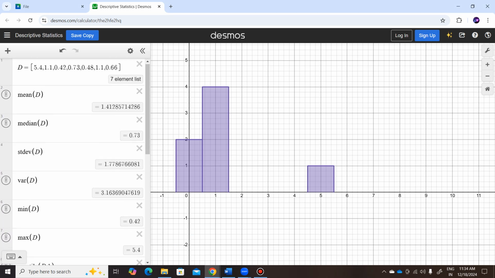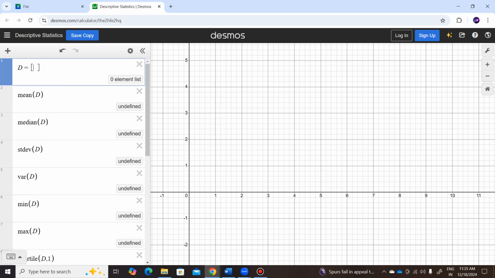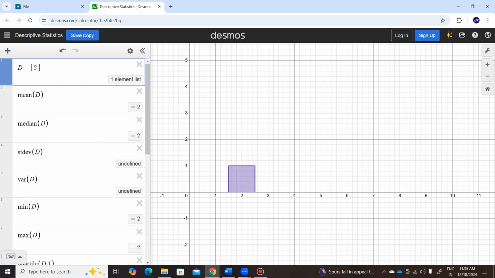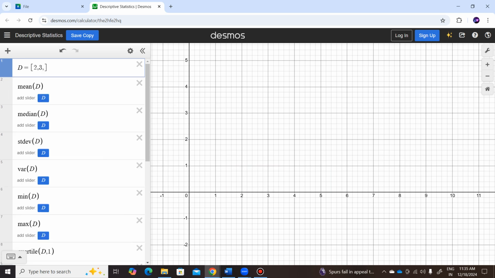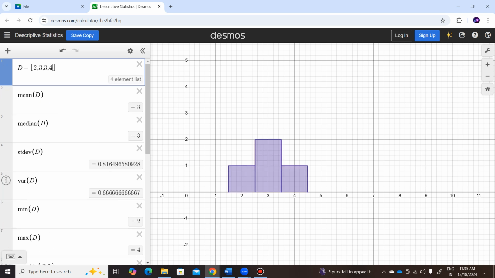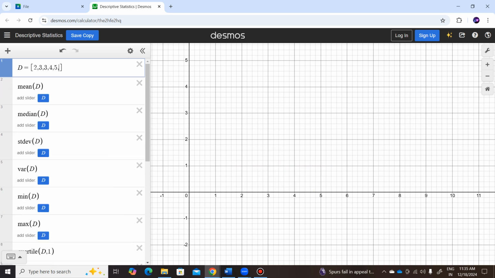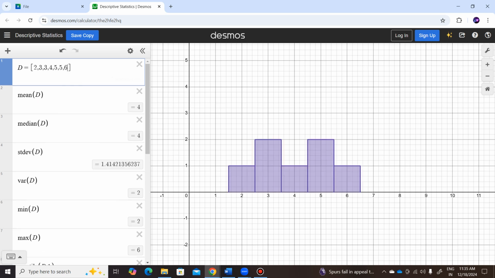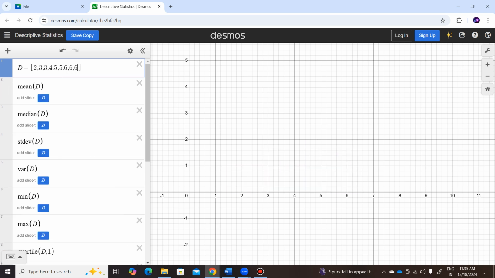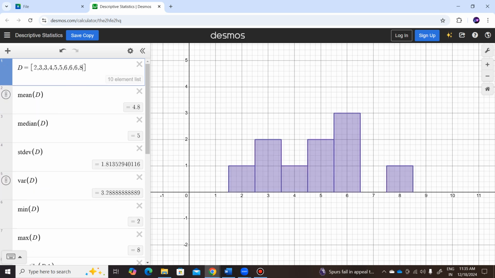I don't have the range in there, but the range you can find pretty easily. So we'll put in the data: 2, 3, 3, 4, 5, 5, 6, 6, 6, 8, and 10.